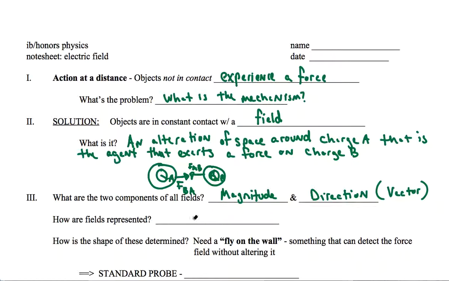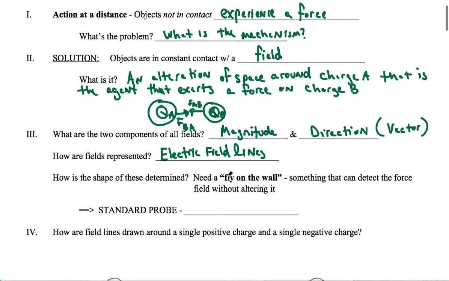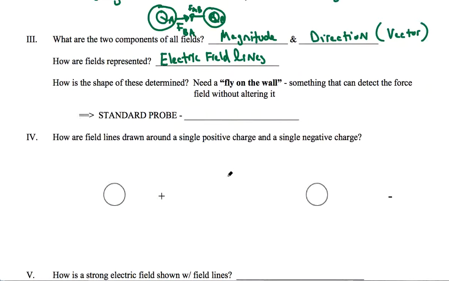So then how are the fields represented? Well, we draw these electric field lines. And then how is the shape determined? Well, we need something that is going to be our fly on the wall. It's something that can detect the force field without altering it.